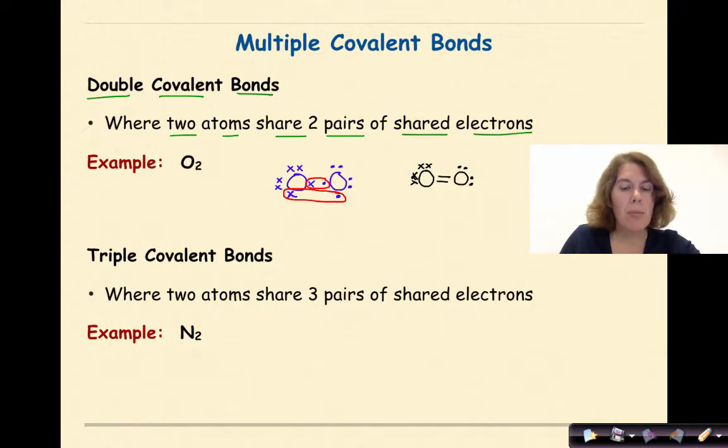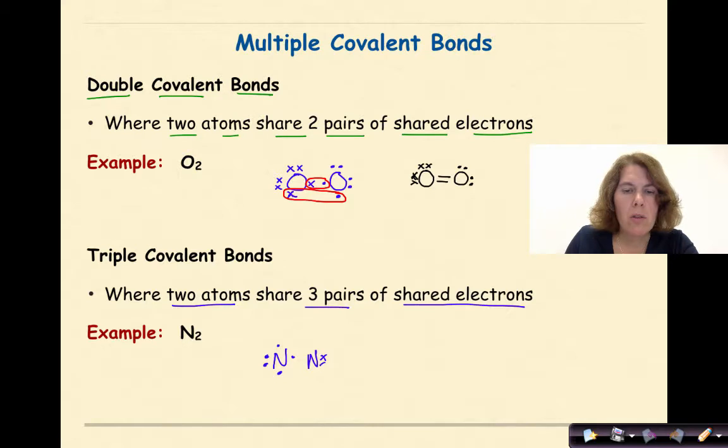Let's look at another example of a triple covalent bond, where 2 atoms share 3 pairs of shared electrons. Let's look at diatomic nitrogen. So we have nitrogen, 1, 2, 3, 4, 5. We have another nitrogen, and I'm putting my lone pairs, because I know nitrogen has 1 lone pair, as far away from my bonding pairs as possible.